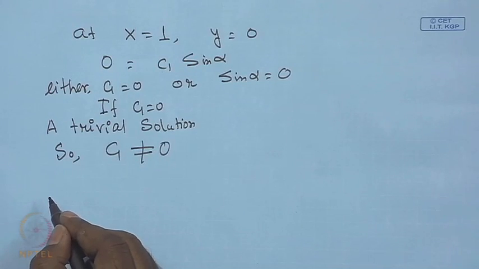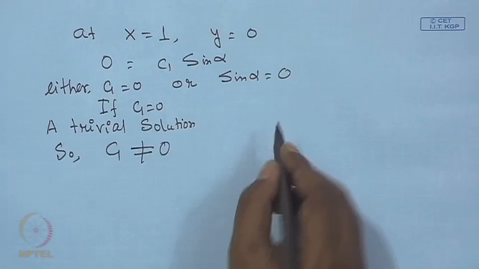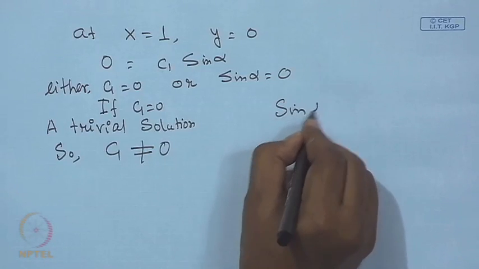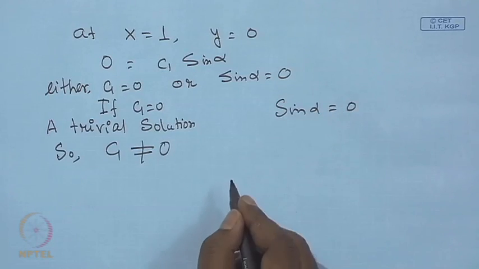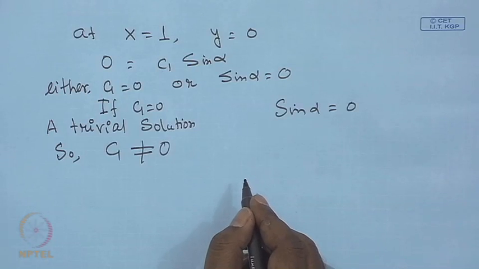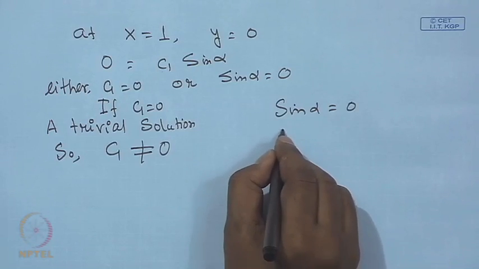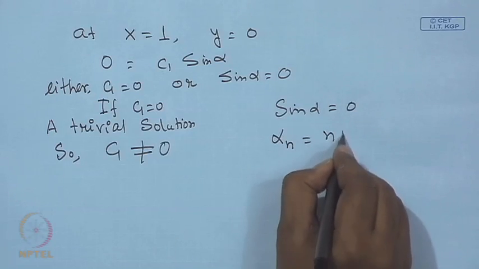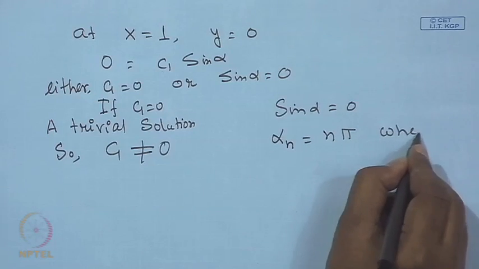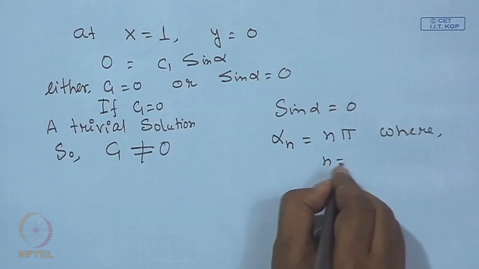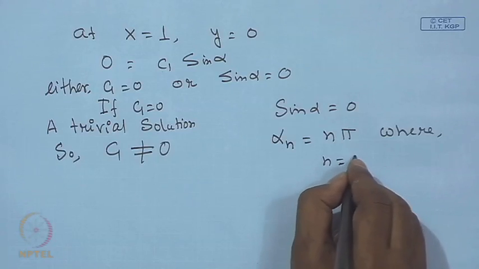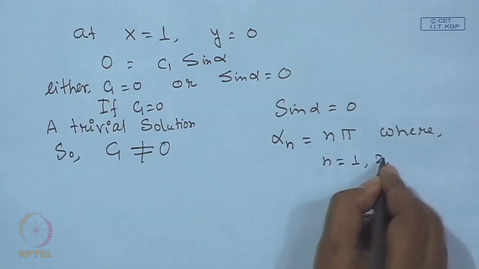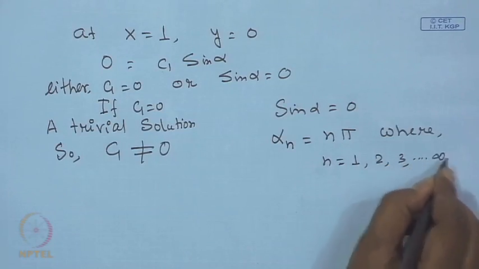So, what is the option left? The option left is sin alpha is equal to 0. The generic solution of sin alpha equal to 0 is alpha n is equal to n pi, where n varies from 1, 2, 3 up to infinity.